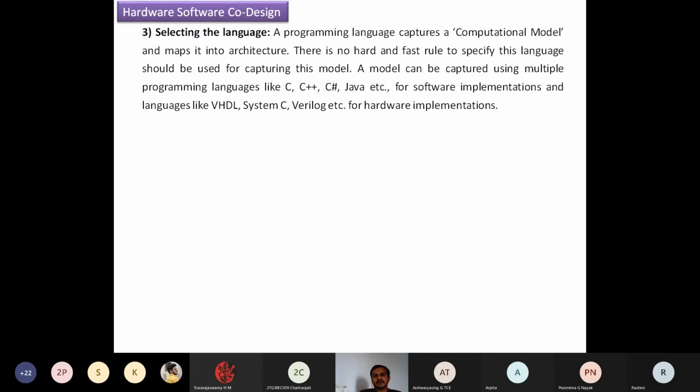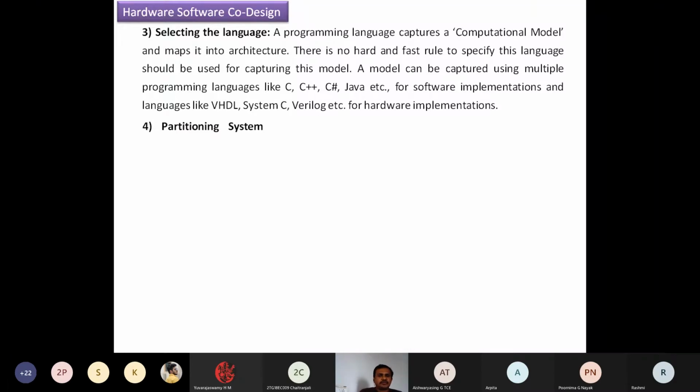A model can be captured using languages like C, C++, C#, Java, and so many languages we know for software implementation, and languages like VHDL, SystemC, Verilog, then MATLAB, and so many for hardware implementation. So it is about selecting the language.